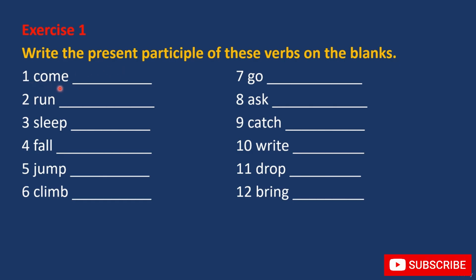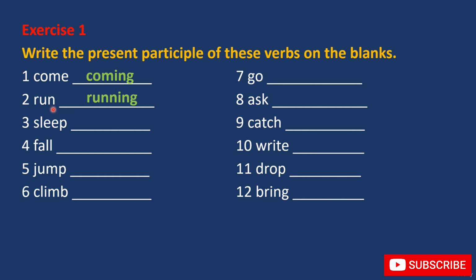Number 1, come. If I need to add ing, what should I do? Perfect. Cross out e before we add ing. Coming. Excellent. What about run? It ends with a consonant. Before the consonant, I have a vowel. Excellent. Running.